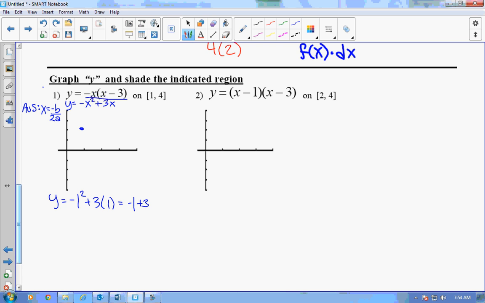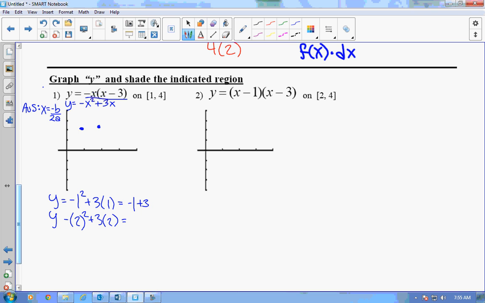What do we get when we plug in 2? Negative 2 squared plus 3 times 2. Negative 4 plus 6 is, why are we getting all these 2's? Really? Interesting. That's not what I have on mine.